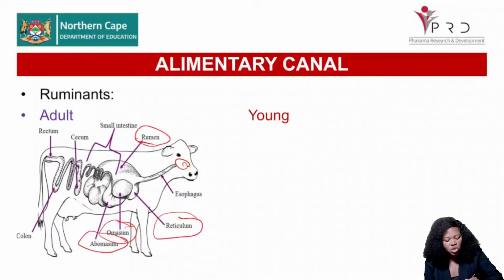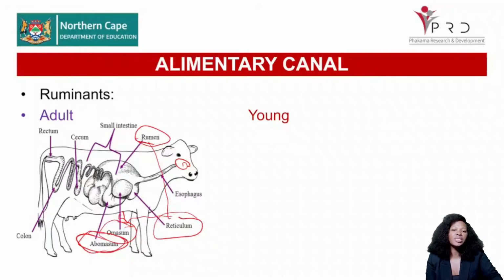The first 2 compartments are referred to as the reticulo-rumen. The first 3 compartments are referred to as the full stomach, and the last compartment is referred to as the abomasum, also called the true stomach.